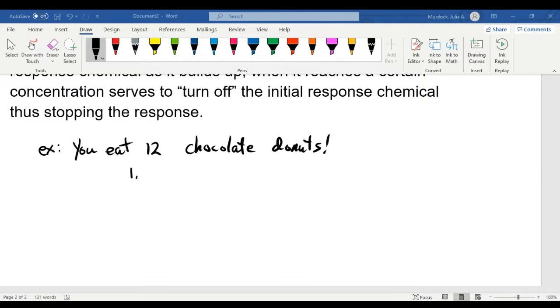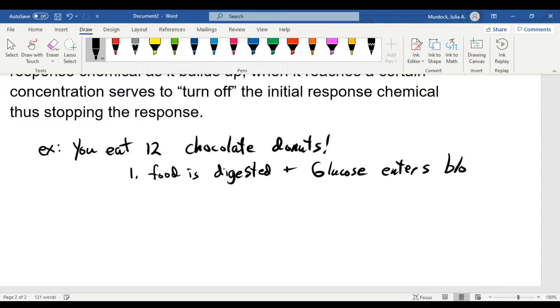Yeah, okay, so let's make sure that we write it in a logical order. You're not incorrect. I just want to make sure we get all the steps. So first of all, the donut is digested, right? The food is digested, and glucose enters the bloodstream, right?